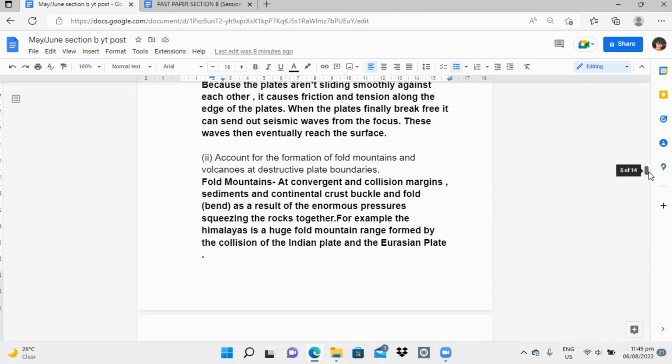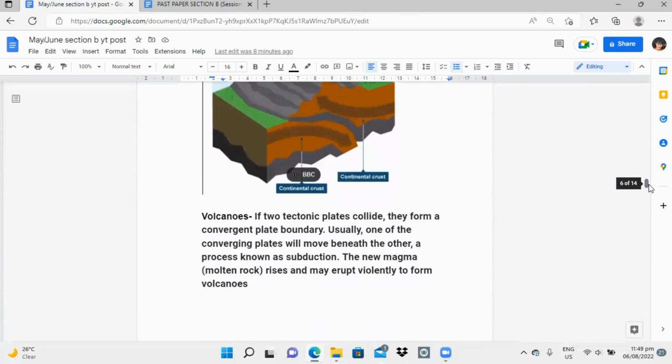So the formation of a volcano also happens at a convergent plate boundary, and what happens is we have two plates that are coming together, and instead of them colliding instantly like a fold mountain, they collide, but one plate is subducted or sent back into the earth.